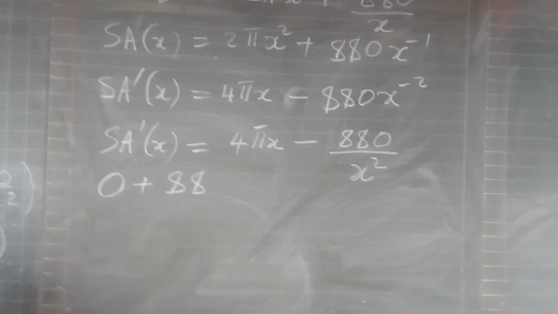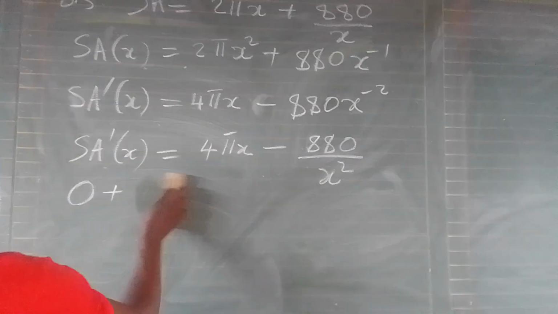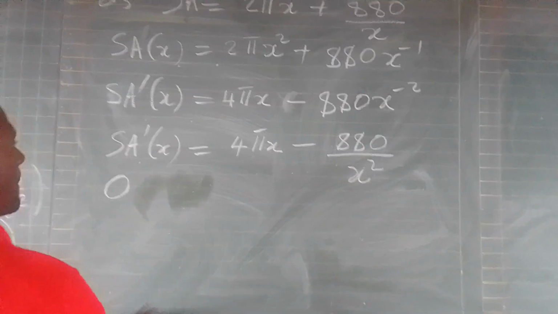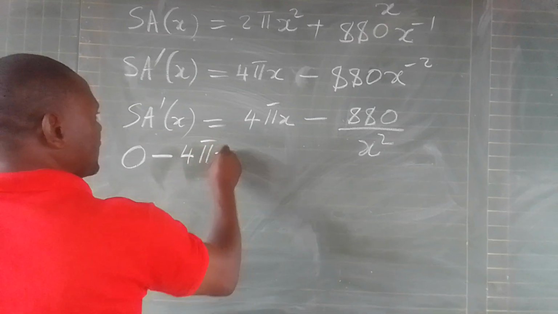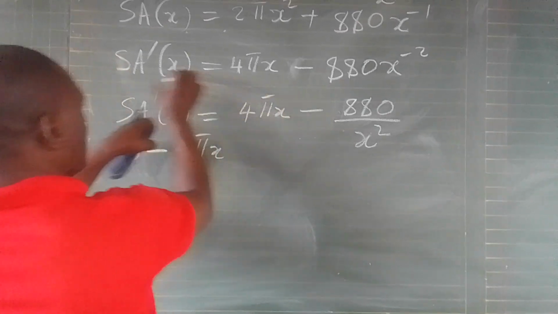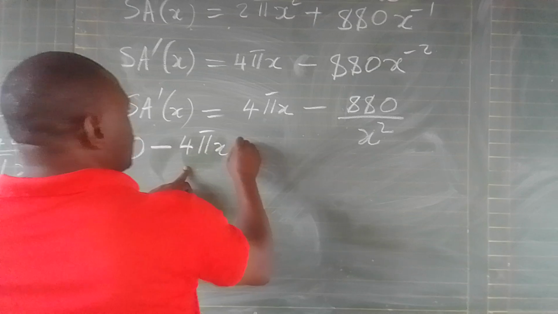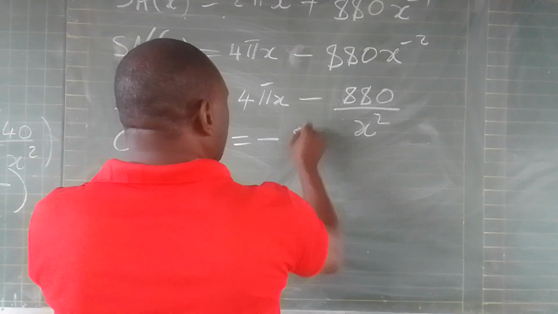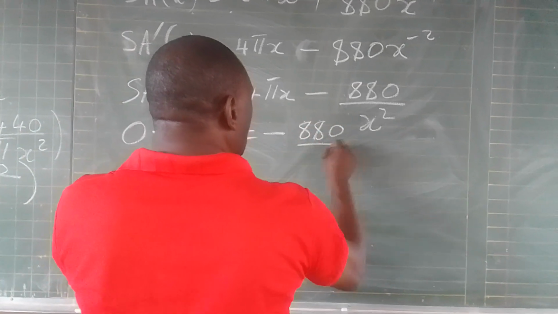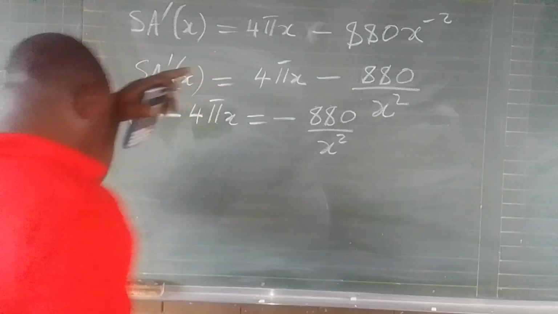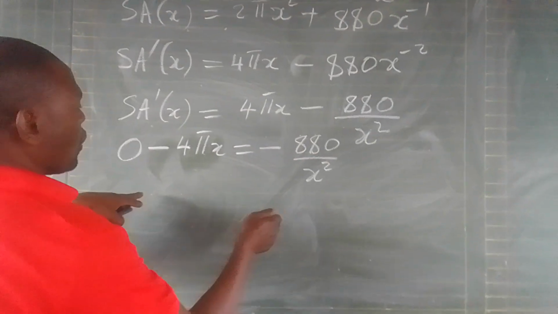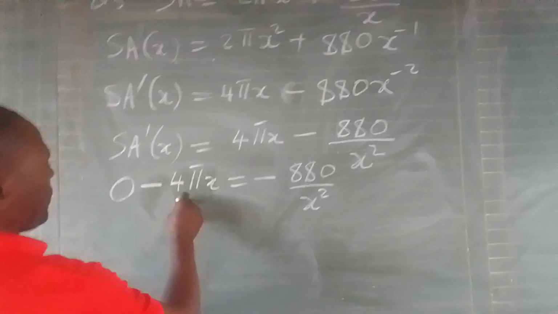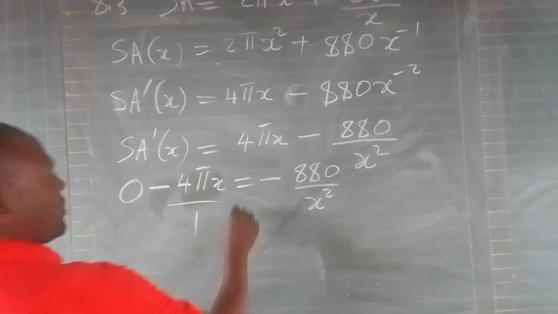We take this, that side, it's 0 plus 880. Let's take this, that side. It's 0 minus 4 pi x. We have taken this to that side, is equal to minus 880 over x squared. Now, we cross multiply, here is 1.